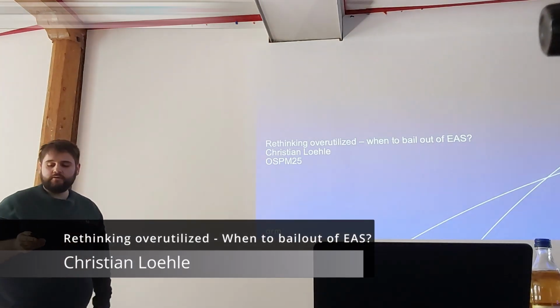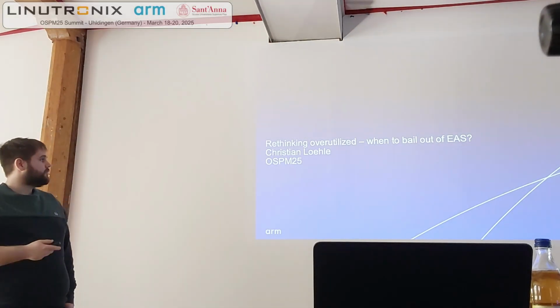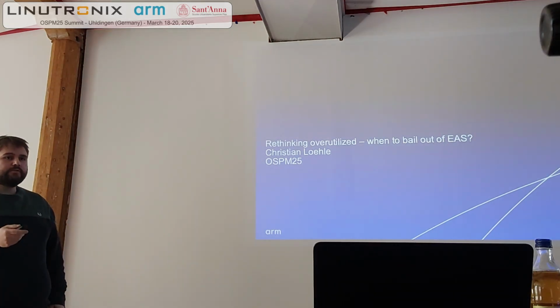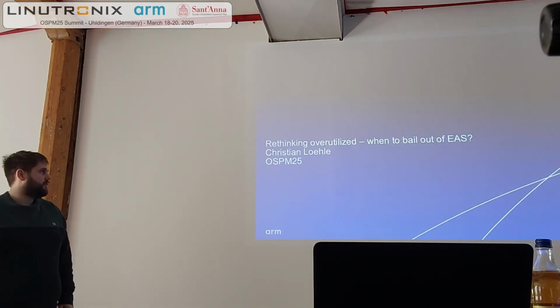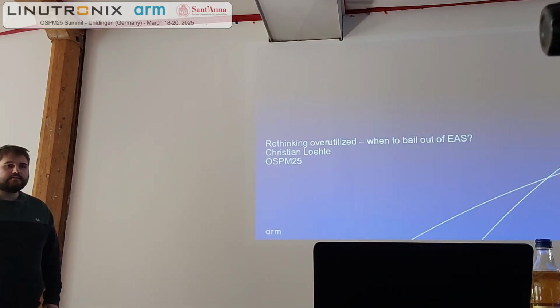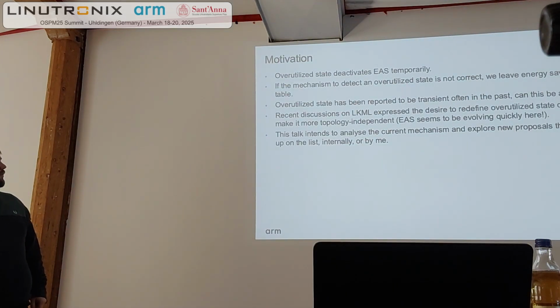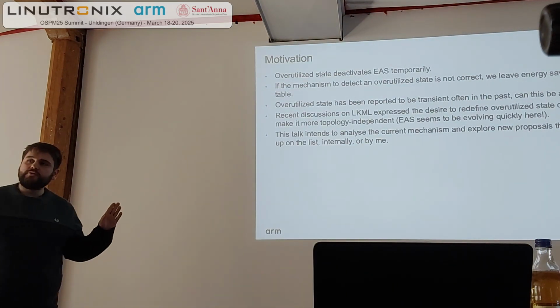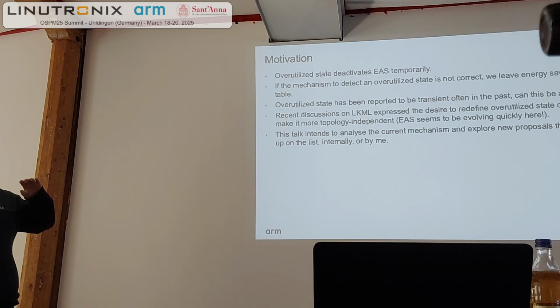I work for ARM, and I'll talk a bit about overutilized. We already had a bit of discussion just now. It's very much related to that. So yeah, the overutilized state we have temporarily deactivates EAS essentially.